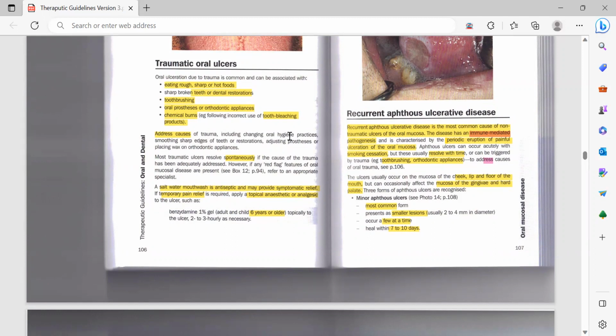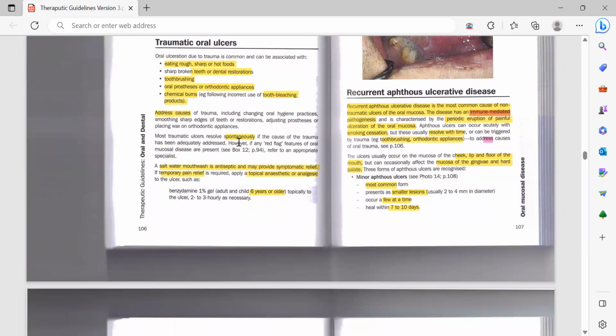Investigate: take the history and ask the patient if any of these causes could be related. Then, including changing oral hygiene practices, if toothbrushing is the cause you can ask him to use a soft toothbrush. Smoothing sharp edges of teeth or restorations, if they are the cause, you can smoothen them down. Adjust the prosthesis if that is the cause, or place wax on the orthodontic appliances.